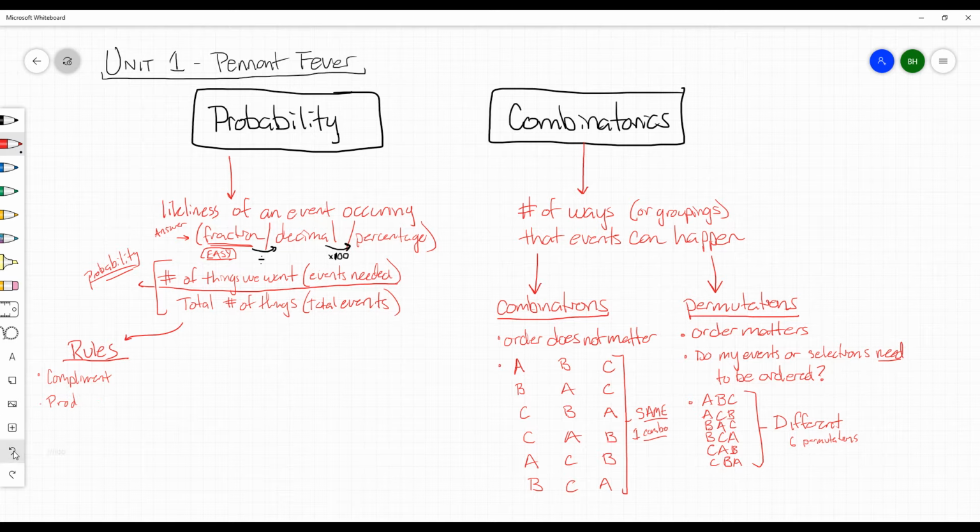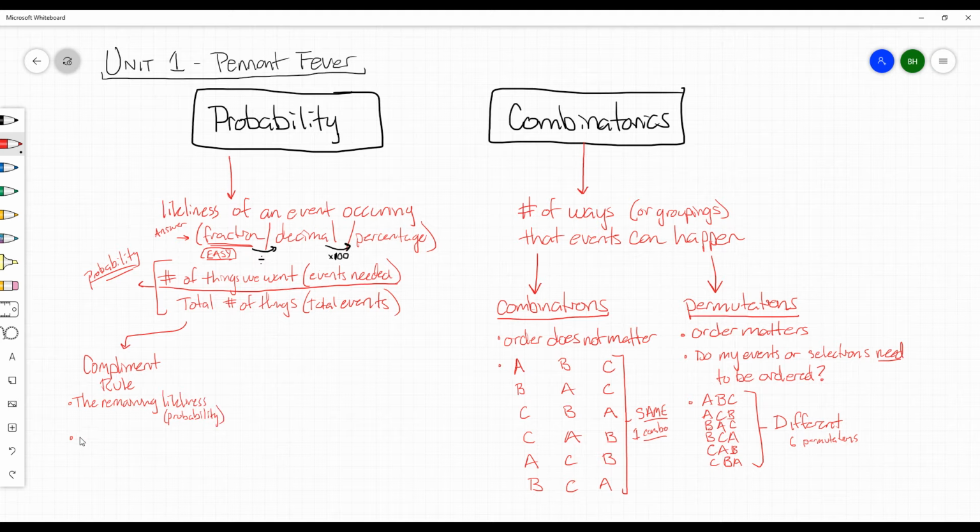Actually, let's break this down a little differently. We talked about the rules, but they are essentially broken down into 2 different categories. The first one is the complement rule, which is the remaining likeliness, or the remaining probability.